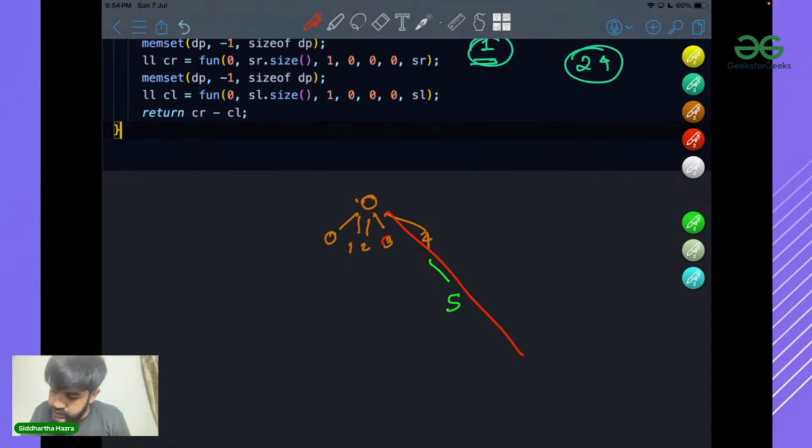So if I chose 3, then here I can go left and right anywhere I like.